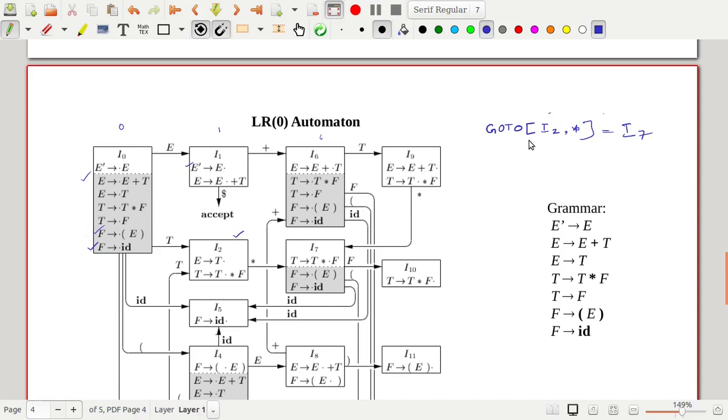From this we can have action of 2 comma star is equal to shift 7.